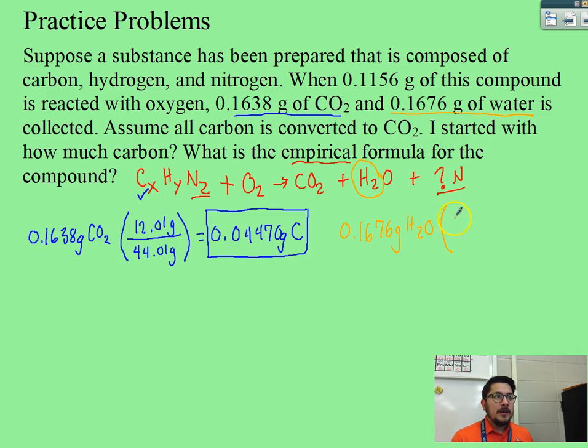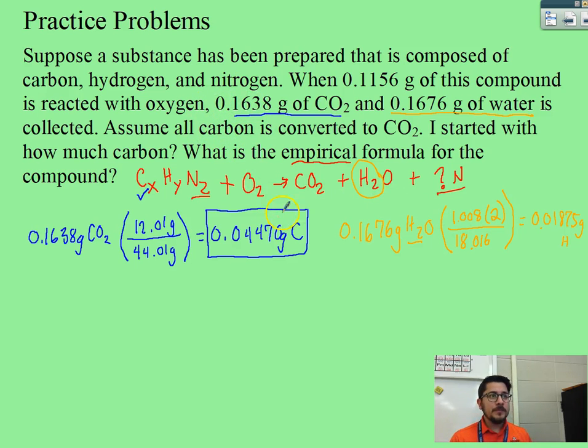So I'm going to multiply by 1.008, but there's 2 hydrogens, so times 2, divided by the total, which was 18.016. Okay? If I do that, I'm again doing part over whole, and I'm going to get just the hydrogen, which is 0.01875 grams of hydrogen. I don't need to box this in because they didn't ask me that question in the problem.